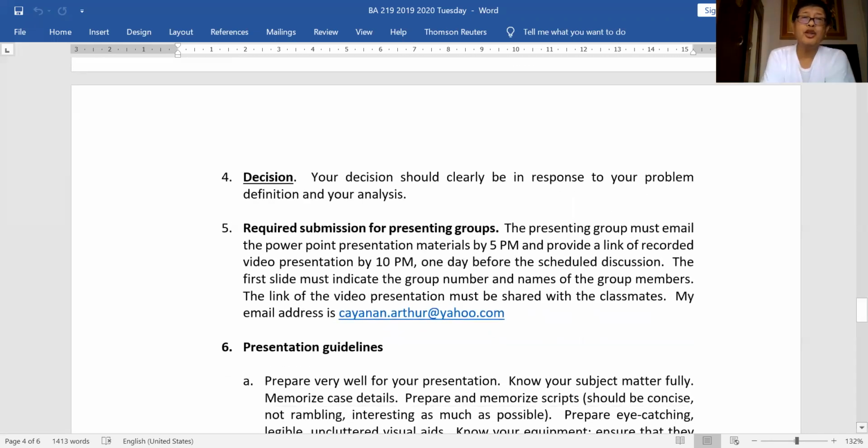In making a decision also, a lot of my students actually commit a mistake. To avoid committing that mistake, before you write your recommendation, you read your problem again.